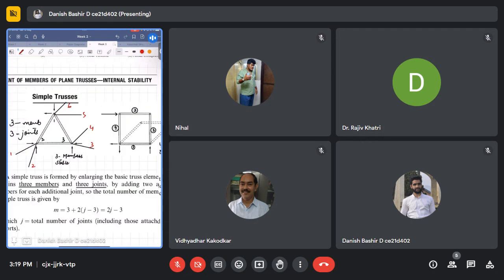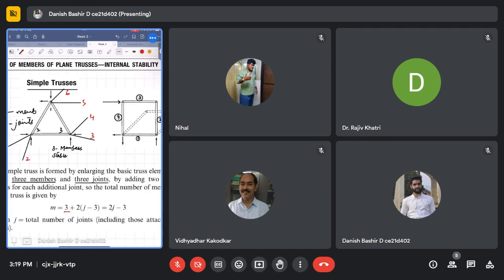Let the total number of joints in our new structure be J, and the total number of members be M. Already there were three members, and three joints. So J minus three will be the number of new joints in that structure.